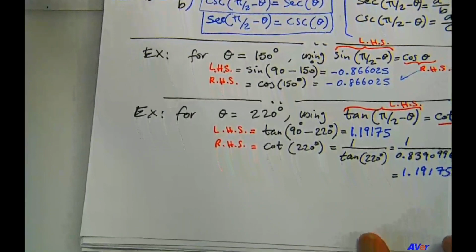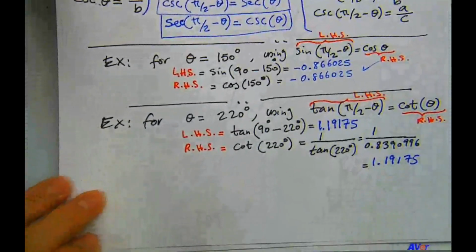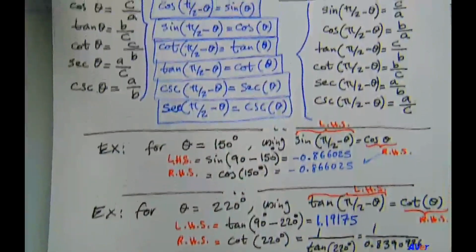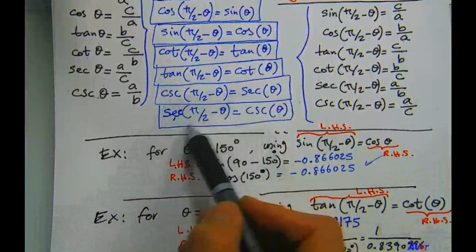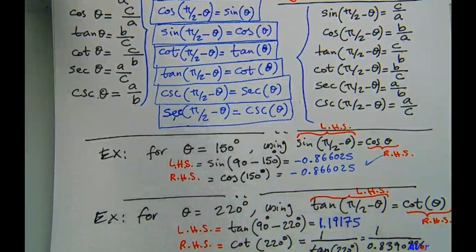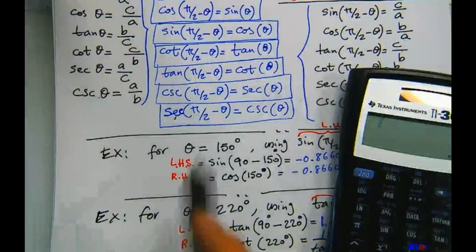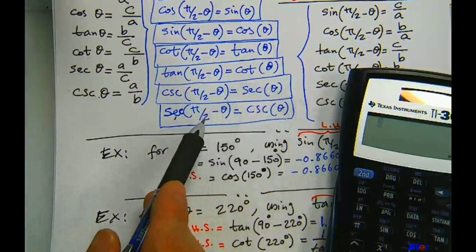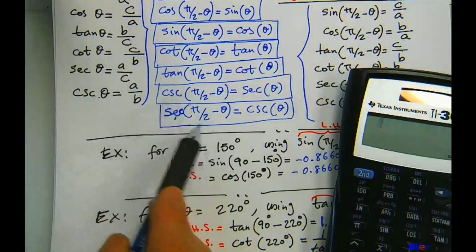Okay, so after this, we can move forward. This is true with cosecant and secant. Just remember that if you want to test out more angles, you can go ahead and do that at home.